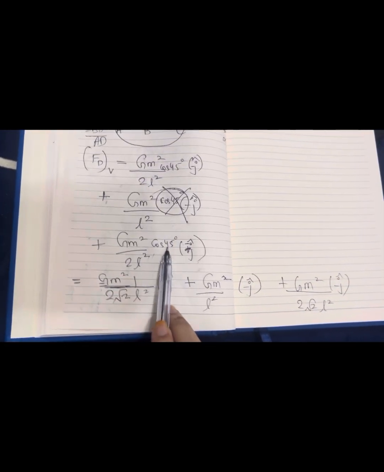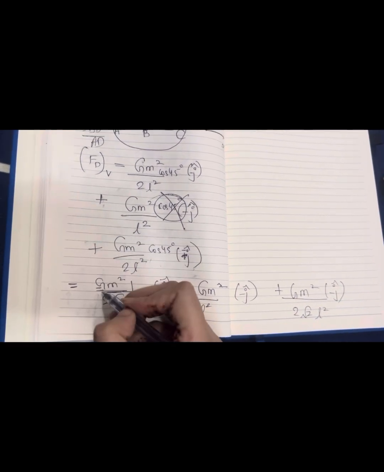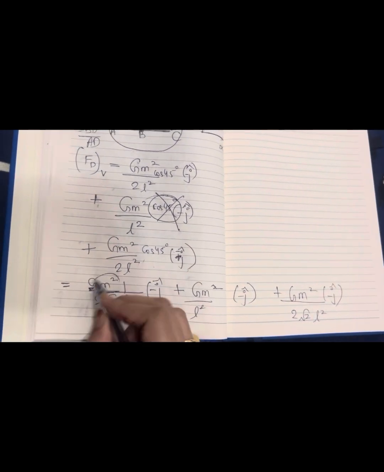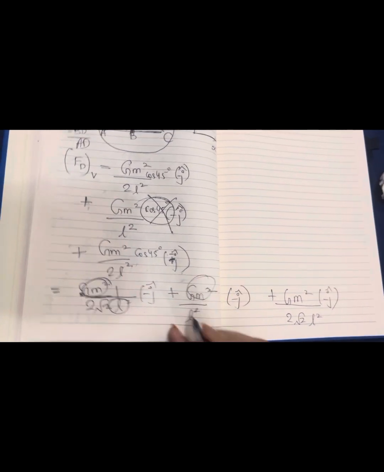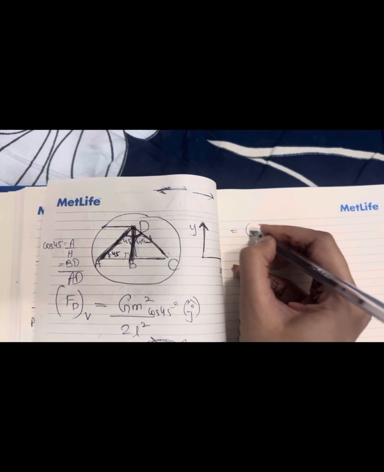Cos 45 is 1 upon root 2. Now what do we have in common? Gm square and L square. So I'll take that common.